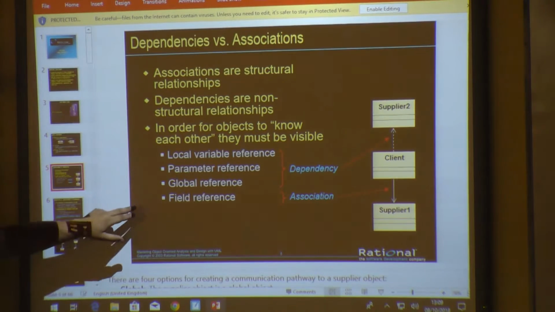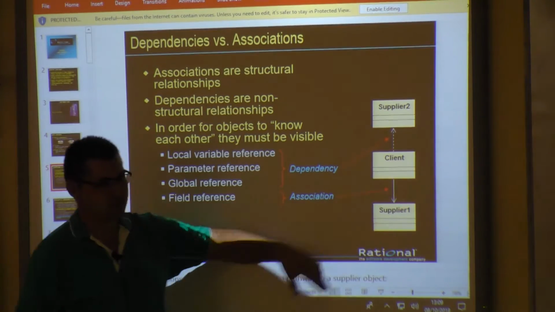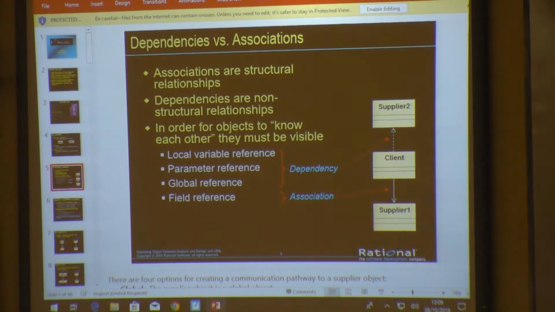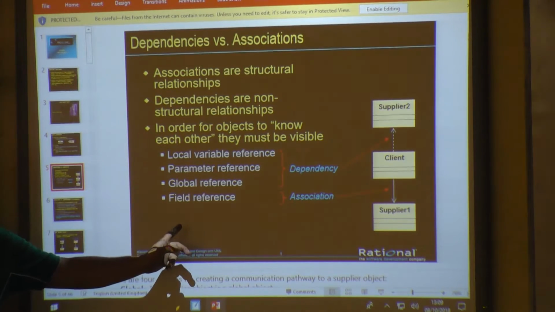Now, your normal field reference, which we see mainly through associations, aggregation, and composition, is a field which creates a relationship.